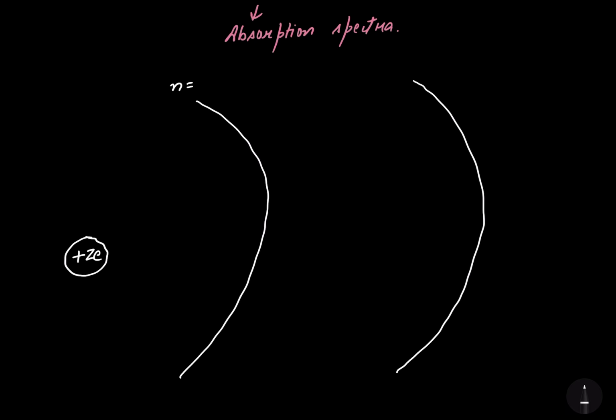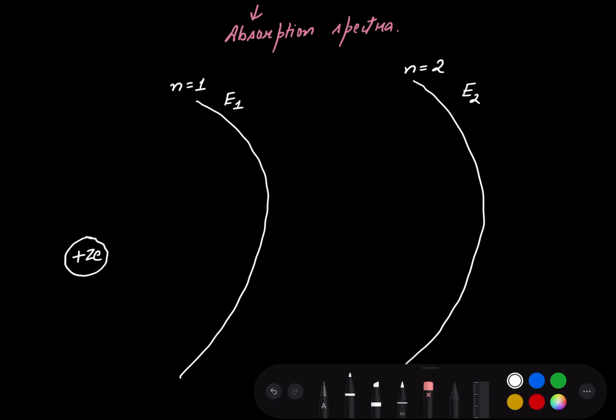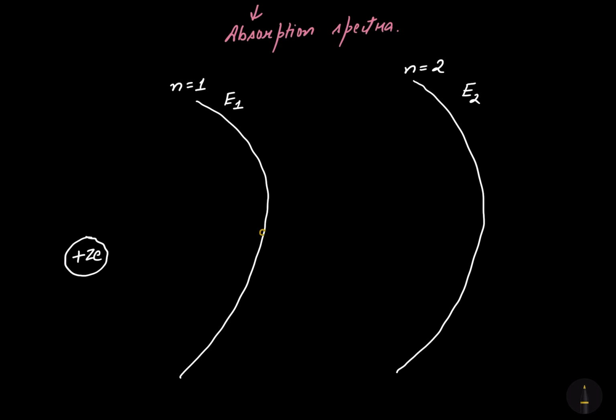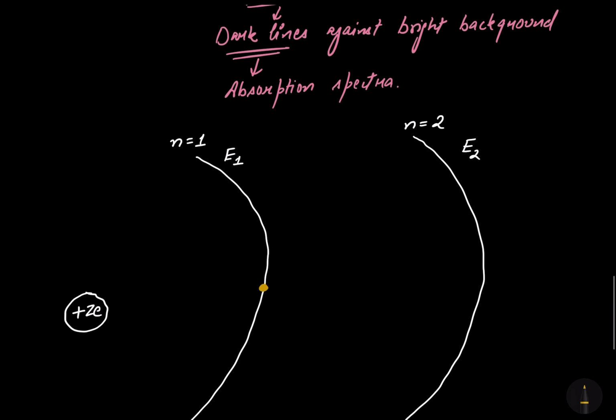This is the first stationary state, and this is the second stationary state. The energy of first stationary state is E1, the energy of second stationary state is E2. Now let's assume electron is present in the first stationary state and has to jump to the second stationary state. So obviously it has to absorb a certain photon of light. So what will we do?